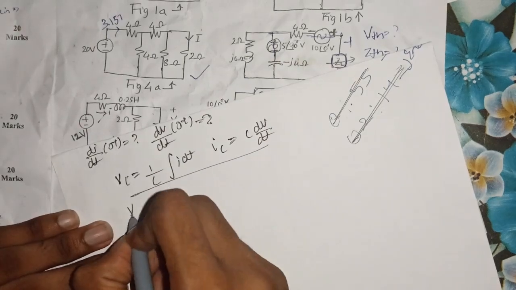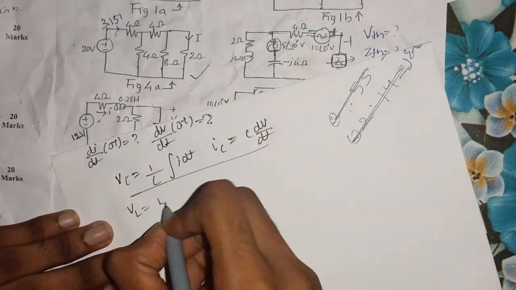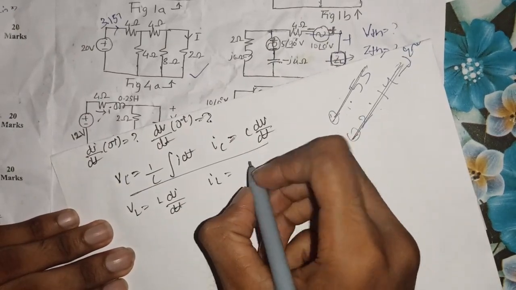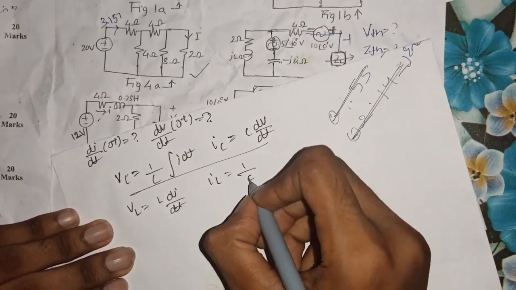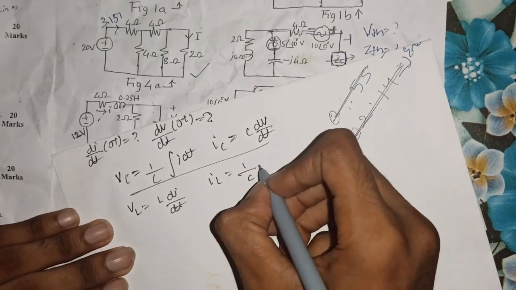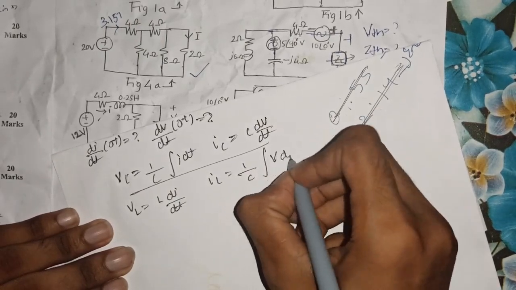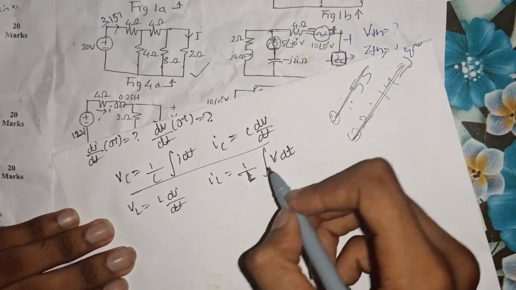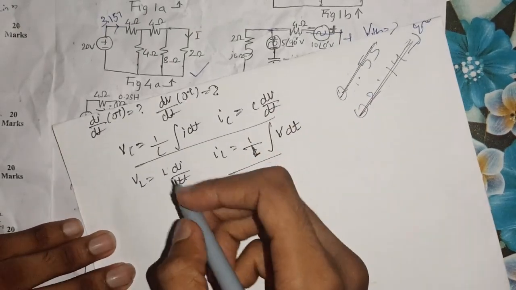Similarly, the voltage across the inductance is given by L into di by dt. And the current through the inductor is 1 over L integration of V dt.